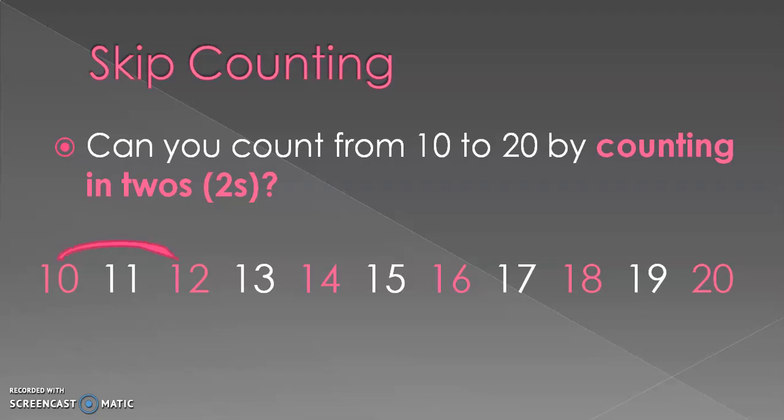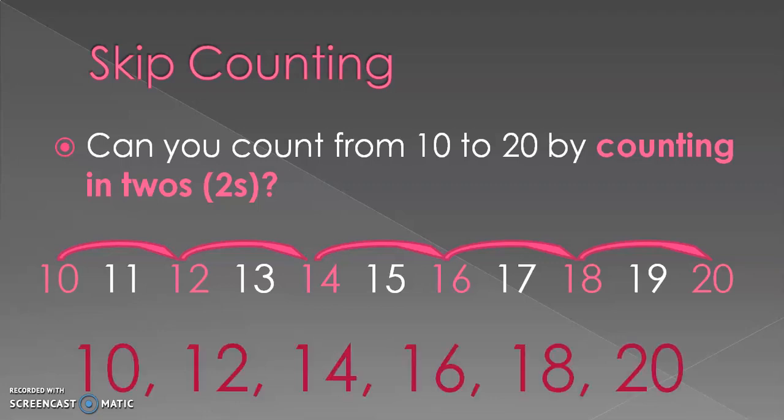The next 2 numbers, 13, 14. The next 2 numbers, 15, 16, the next 2, 17, 18, and finally 19, 20. If we are counting by 2s, we will get 10, 12, 14, 16, 18, 20. So we have skipped the number in the middle.